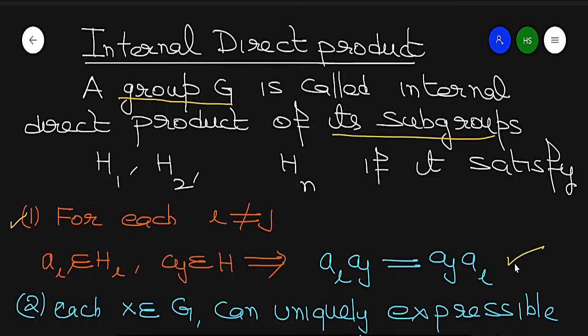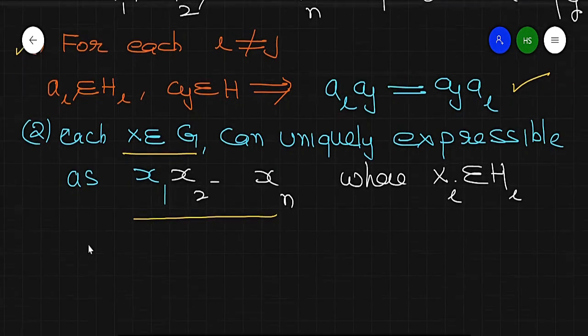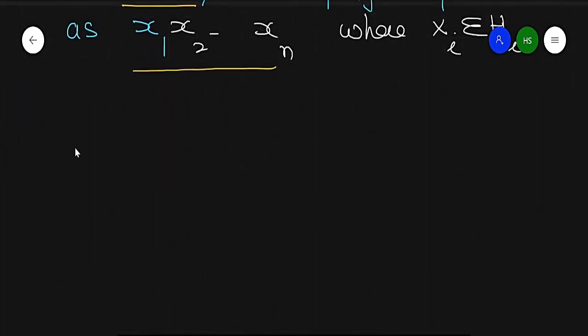This means HiHj is equal to HjHi, and each x belonging to G is uniquely expressible as the product x1, x2, ..., xn, where xi belongs to Hi. So it means it is an internal direct product of our subgroups.